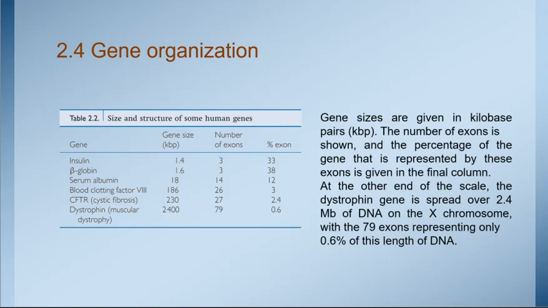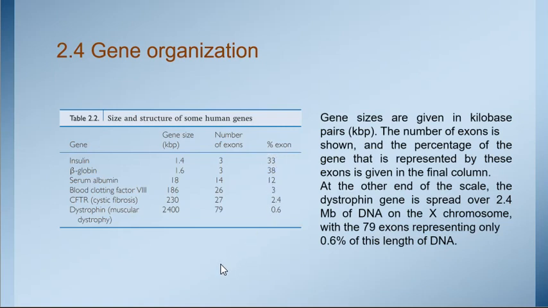As our knowledge has developed, it has become clear that eukaryotic genes are often extremely complex and may be very large indeed. So, the gene sizes are given in kilobase pairs. The number of exons is shown, and the percentage of the gene that is represented by these exons is given in the final column.